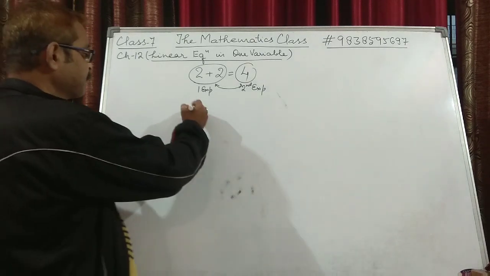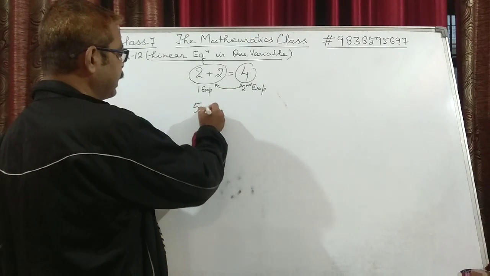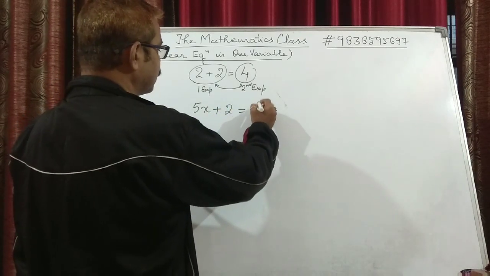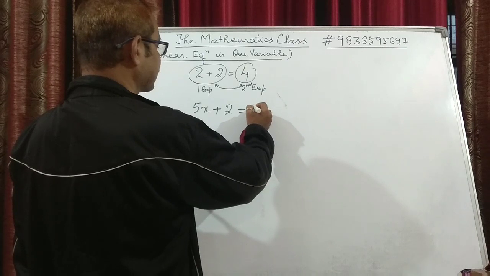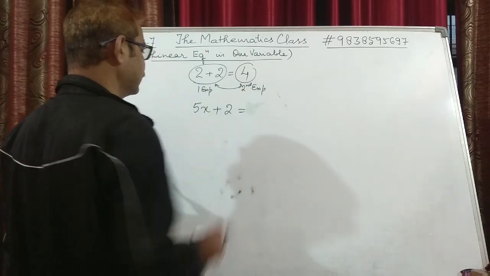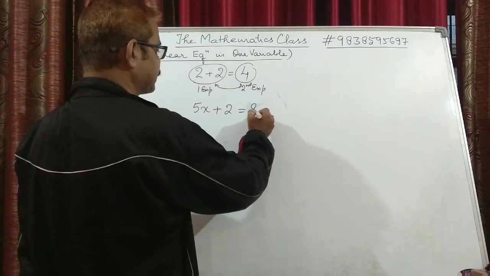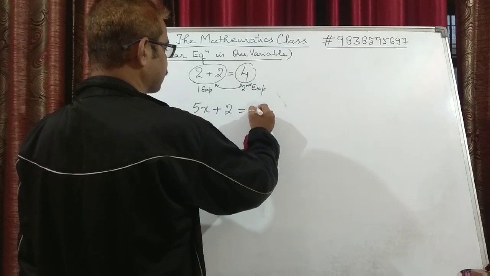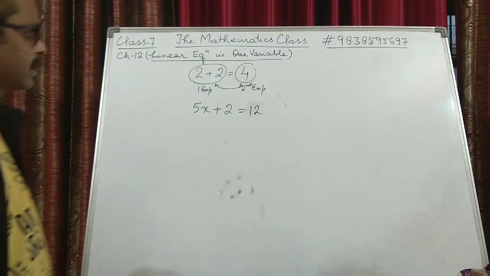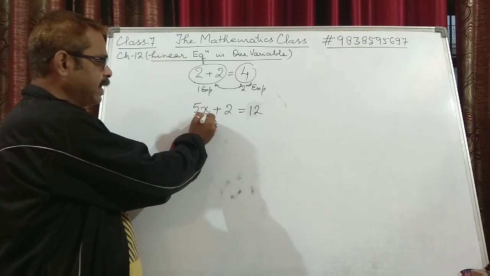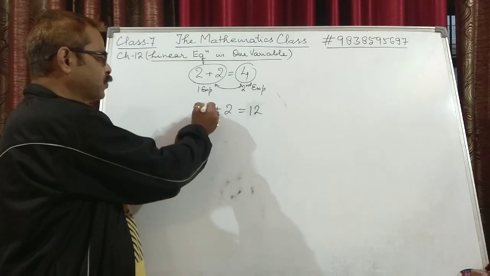Suppose I say that 5x plus 2 is equal to, let's say, 12. That is easy. Suppose I am saying 5x plus 2 is equal to 12.